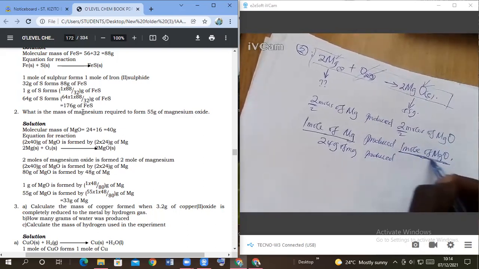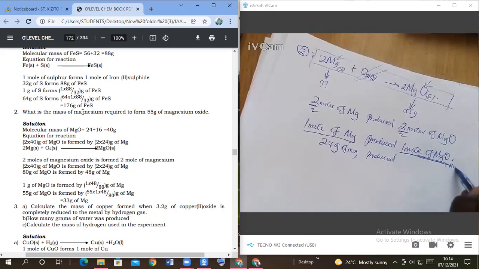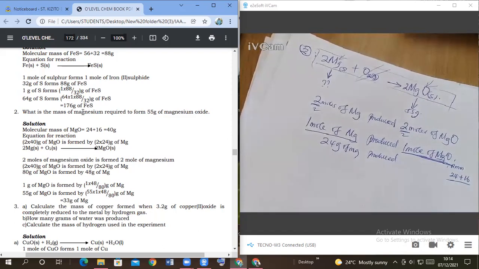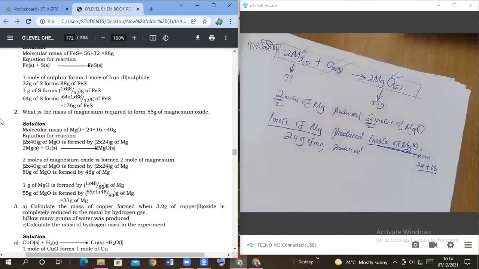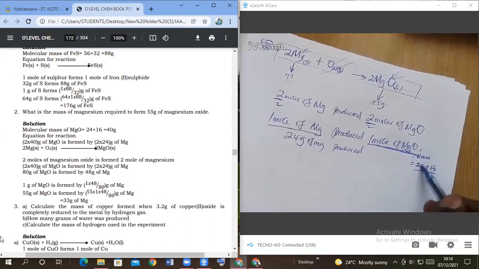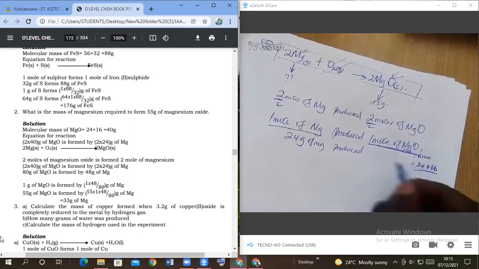Here we have to bring in the idea of the relative molecular mass. Magnesium is 24 plus oxygen, which is 16. One mole of magnesium oxide is 24 plus 16. We get 40 grams of magnesium oxide.